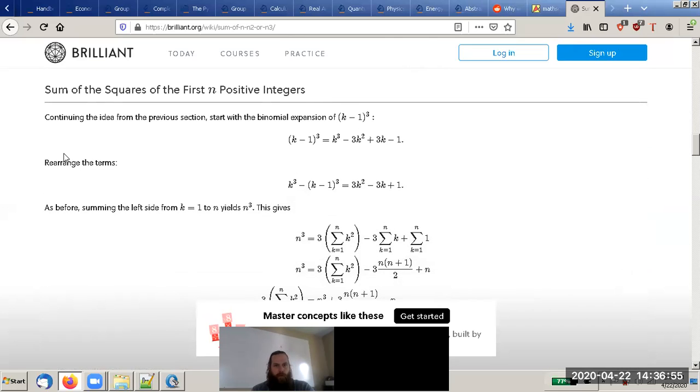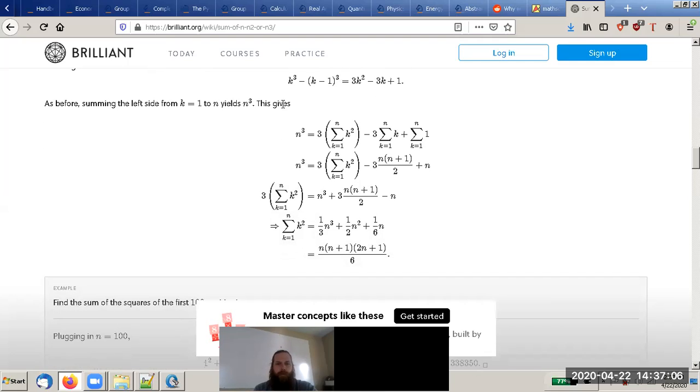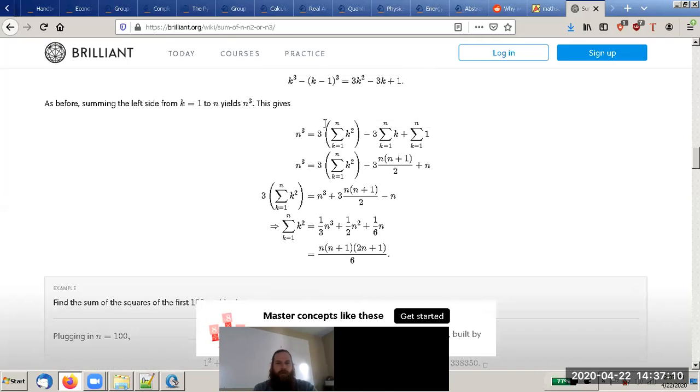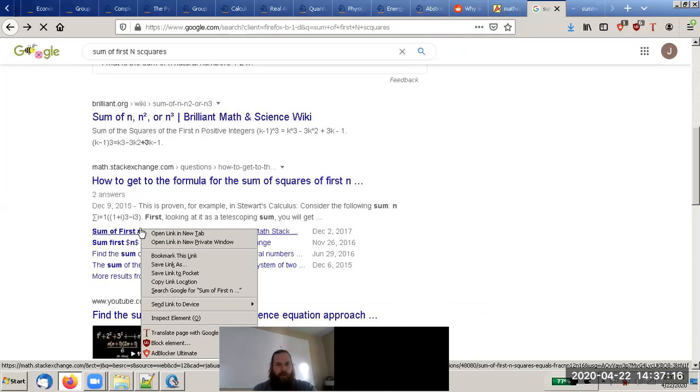So sum of squares, the first n positive integers. Yeah. So, this is not a nice proof. None of the proofs that I found of these are super intuitive. I do wish I had a nice one for you.